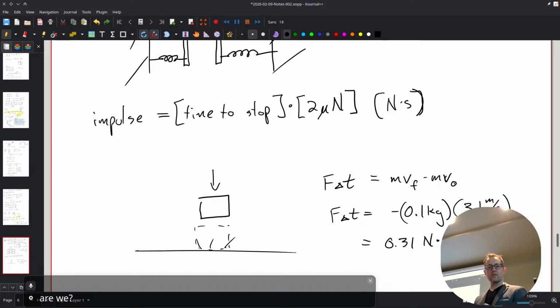Oh, we only have like 30 seconds left. When I calculated the stopping time for stopping 1 meter, I got 0.91. 0.91 Newton seconds? Really?